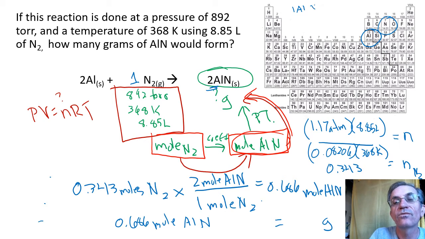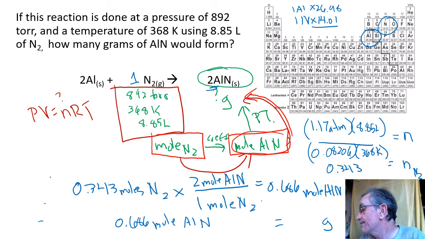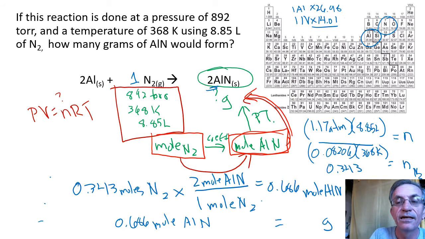Aluminum, 26.98, I should say. 1 nitrogen, 14.01. There's only 1 of each. So if you put it together, when I did it, I got 40.99. 40.99, and that's going to be grams equals a mole.